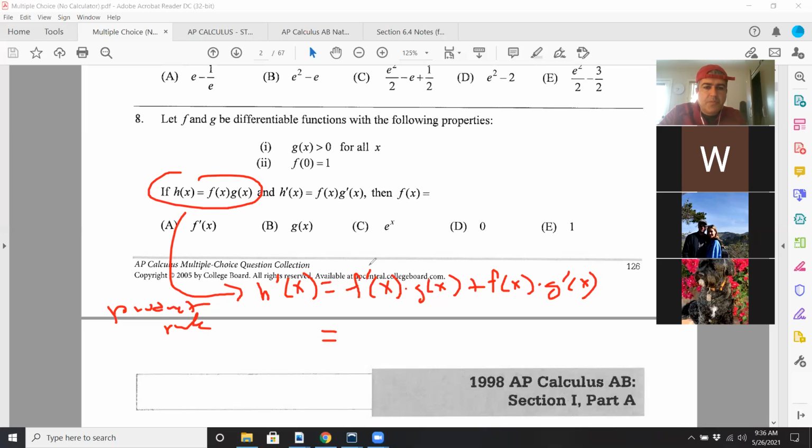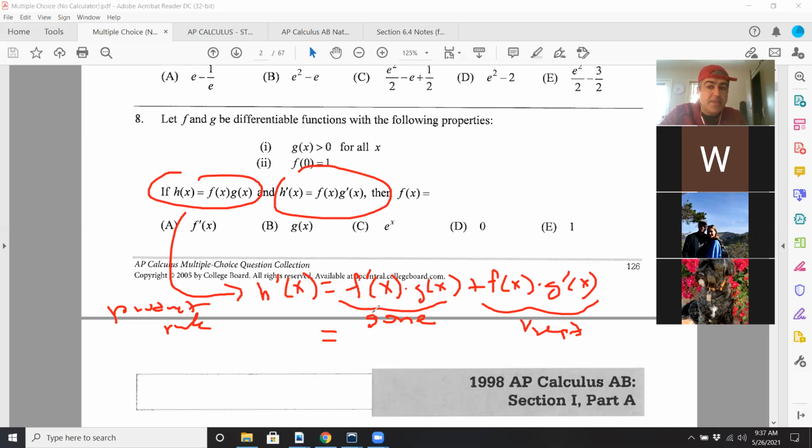Well, here's the thing. They tell us that h prime is just this, right? So apparently this is kept, and that's gone.